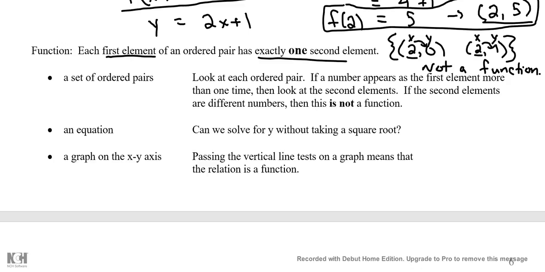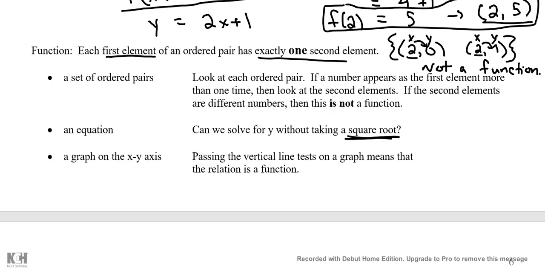When we're looking at a relation written as an equation, can we solve for y without taking a square root is the most common way of knowing that it's not a function. If we take a square root, there are other instances where we would say it's not a function, but square root's the most common and the only one you'll see in this class.